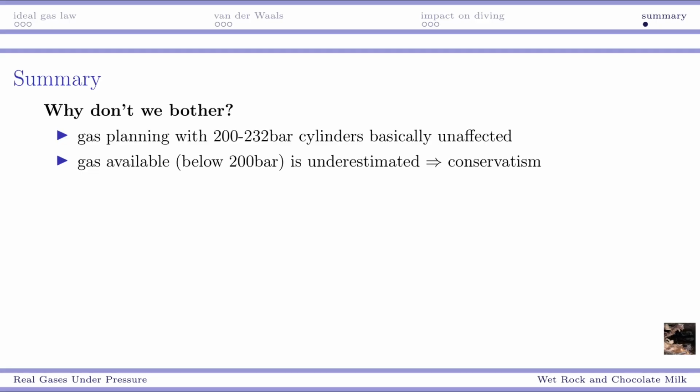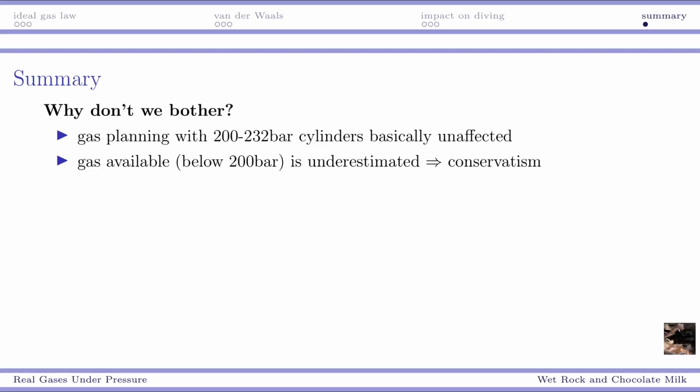If we're looking at a pressure below 200 bar, i.e., we're part way along our dive, and we're trying to figure out how much gas we have from reading an SPG value, then we've seen that we're actually underestimating the amount of gas that we have. So we're adding conservatism to our dive planning and to our decision making processes. So that's a good thing to do.